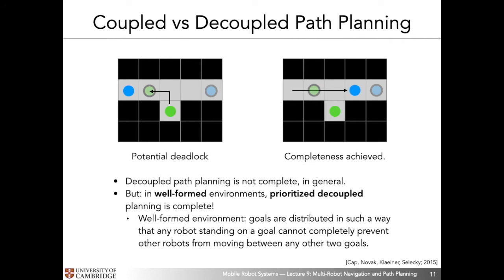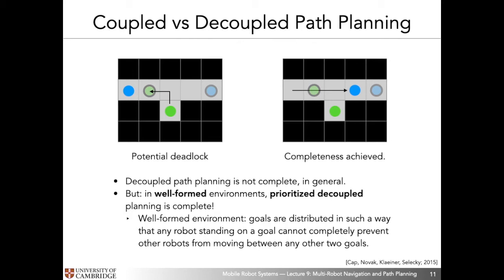So there are ways of achieving completeness in planning approaches that are actually decoupled. And I just want to introduce one of the possible ways of doing this. As you recall, we showed in that little convincing example that if you're looking at a warehouse environment or some sort of workspace, represented as the one here in these two panels, then if we don't plan in a coupled way, we might end up in a situation where we have deadlocks and we don't achieve completeness.